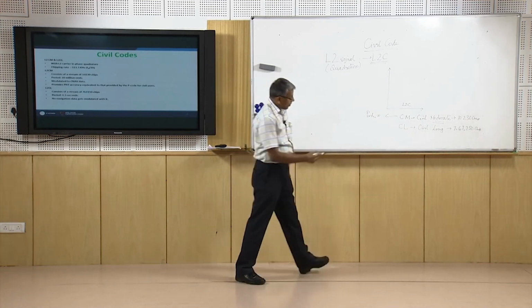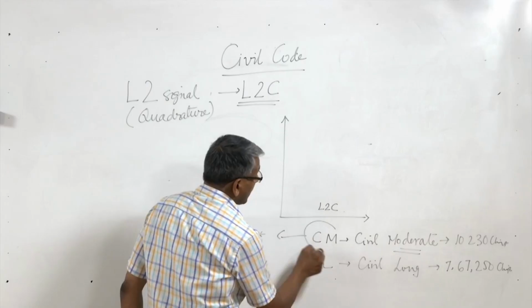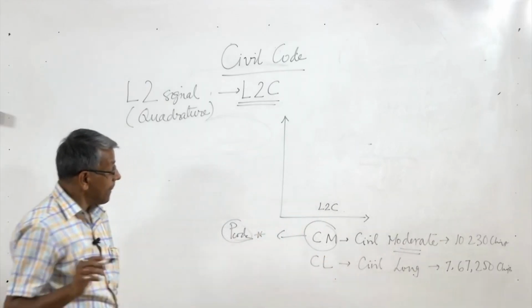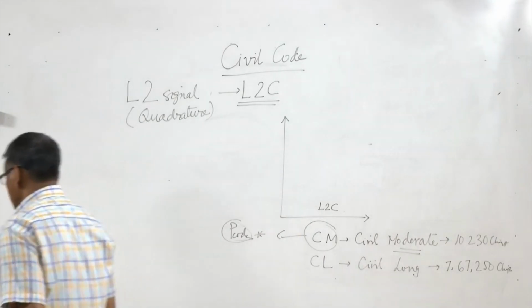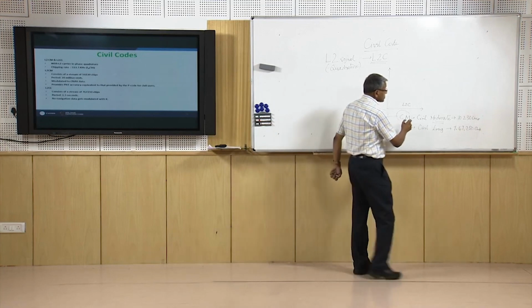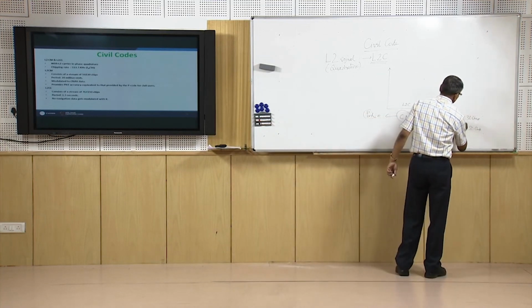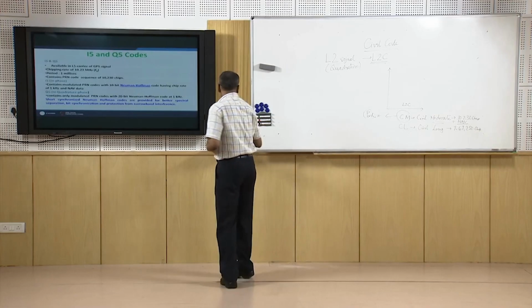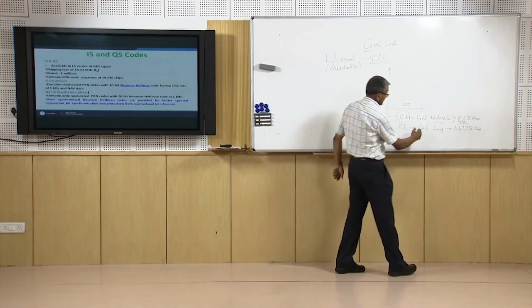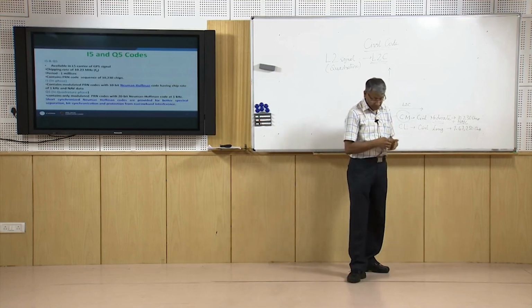So, CM code is equivalent to the PA code of the military signal. And CM code is also provided with the navigational data, but our CL code does not have any navigational data.